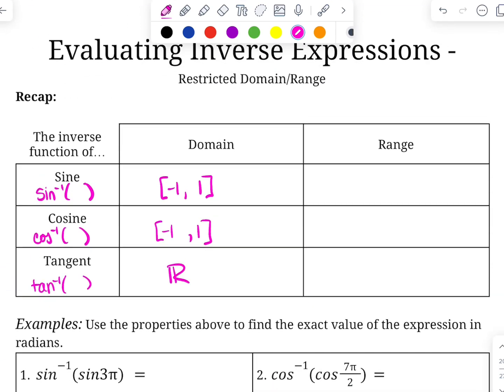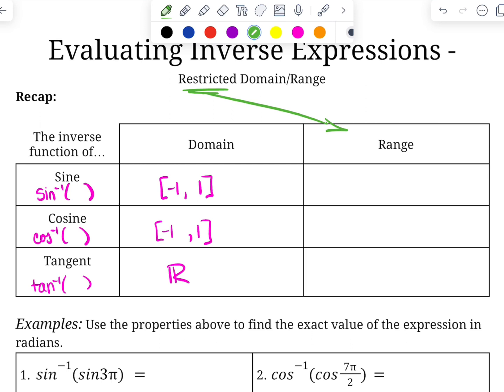Okay, now, here is the challenging part. When we switch our domain and our ranges from the original functions to their inverses, that has effects on the range. Mainly the thing that gets restricted is the range, okay?